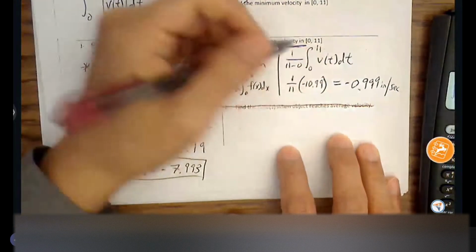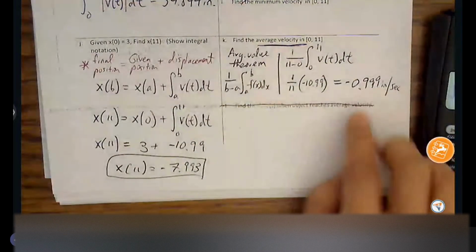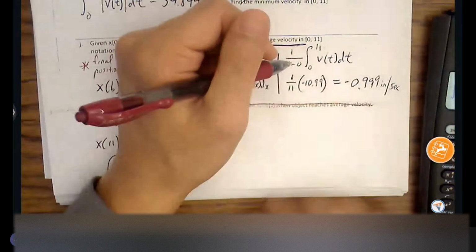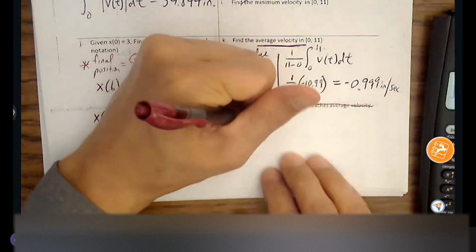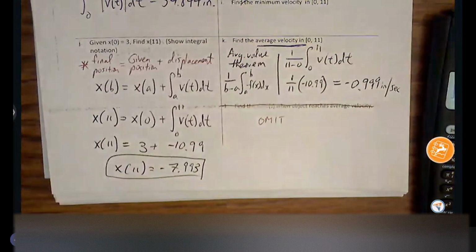Okay, don't worry about this part here. Find the time when the object reaches average velocity. We'll maybe come back to it later, but it won't be on this test.